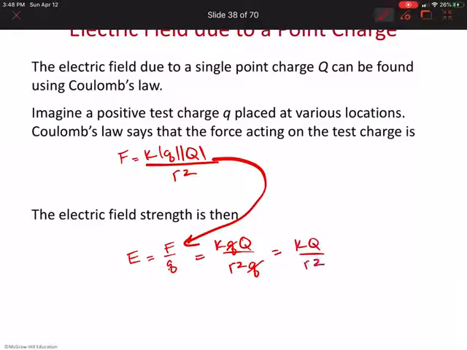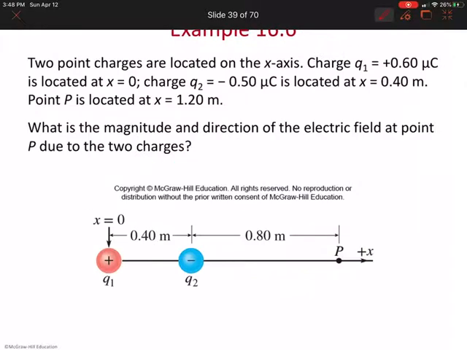Okay, so you're able to figure out what the electric field is at that particular point. Okay, so you can actually combine that Coulomb's equation to that electric field equation. And what ends up happening is you end up getting this.